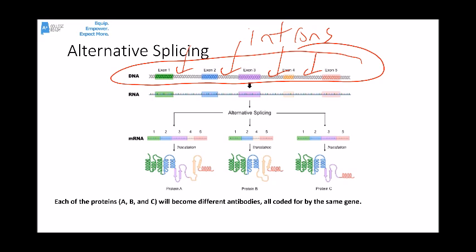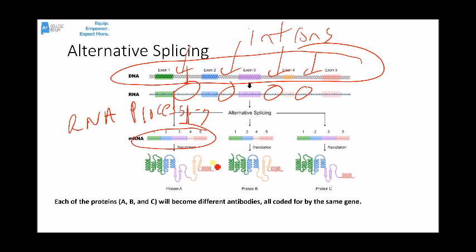Both the exons and the introns are transcribed. But in eukaryotes, after transcription, we have this step called RNA processing or alternative splicing. And what happens typically is that these intron sequences are removed and the exon sequences are spliced back together to make an active mRNA, which then gets translated into a protein, in this case, an antibody.